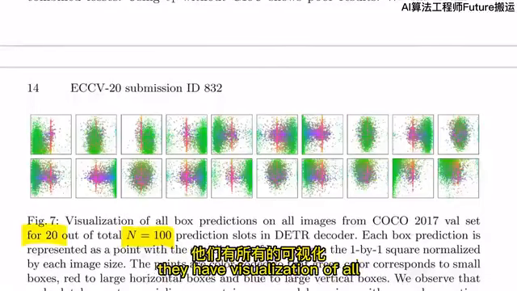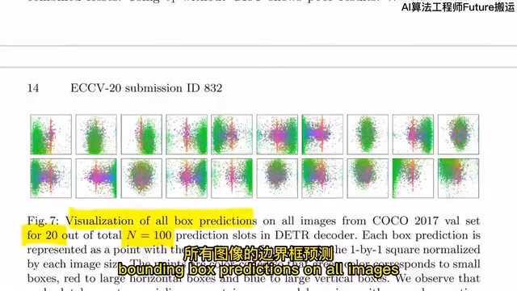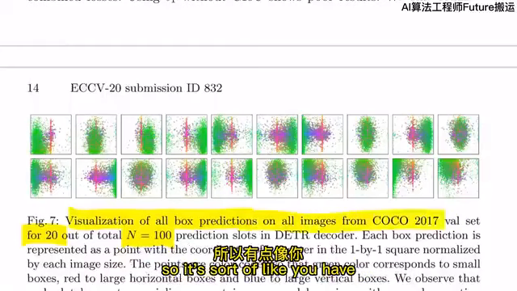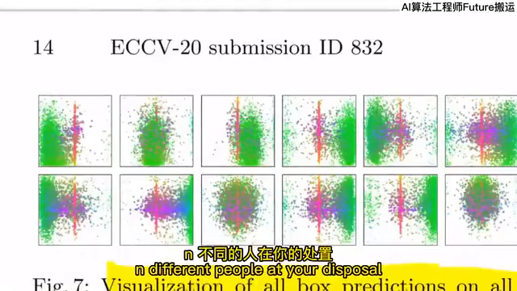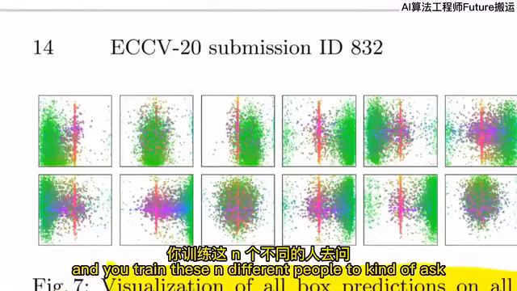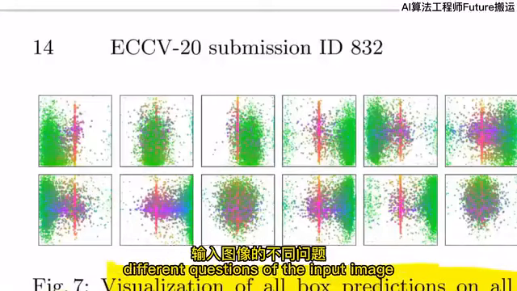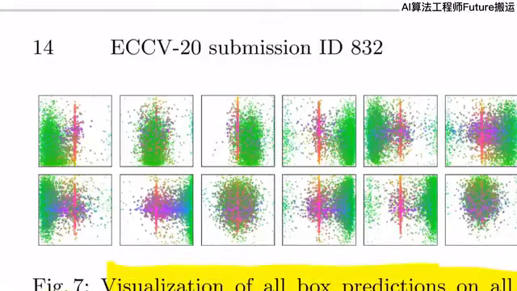And so they have a visualization of all bounding box predictions on all images. So it's sort of like you have n different people at your disposal, and you train these n different people to kind of ask different questions of the input image, okay?